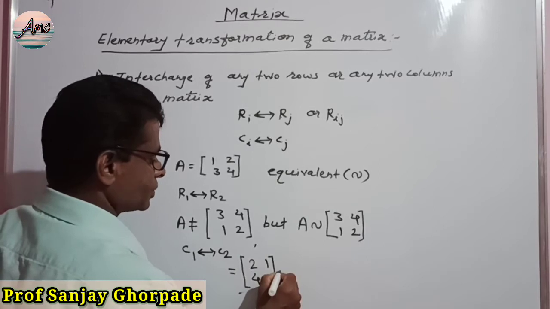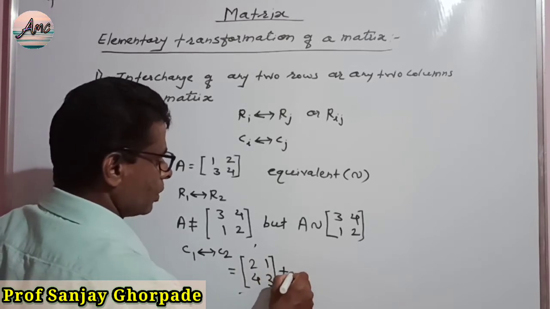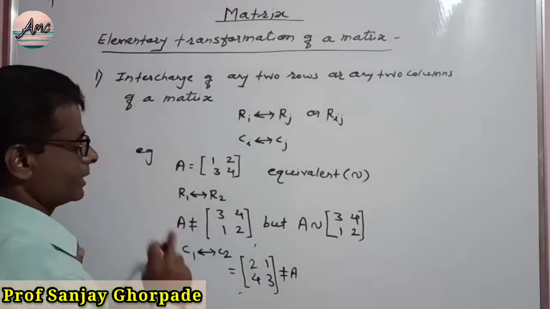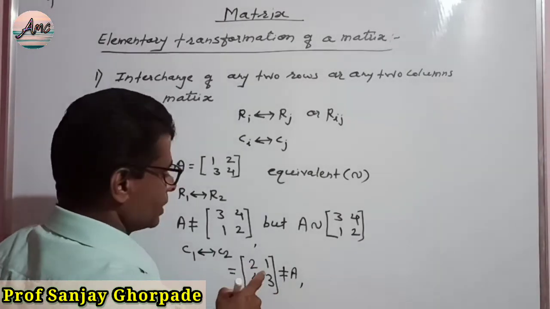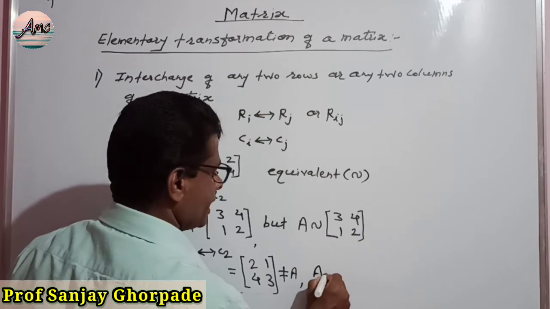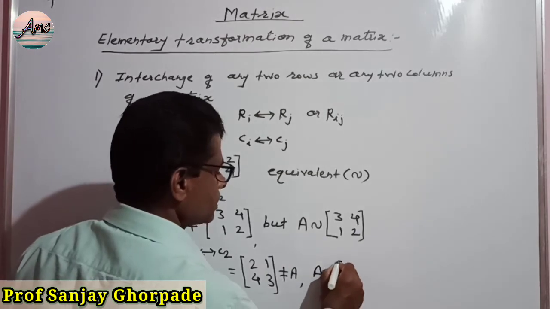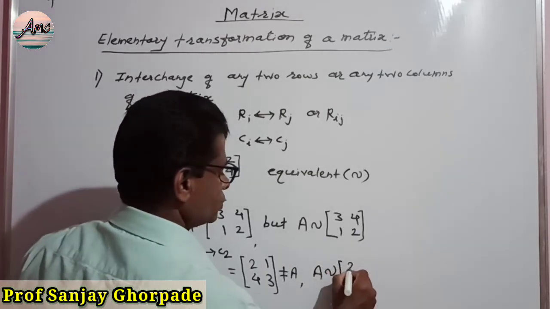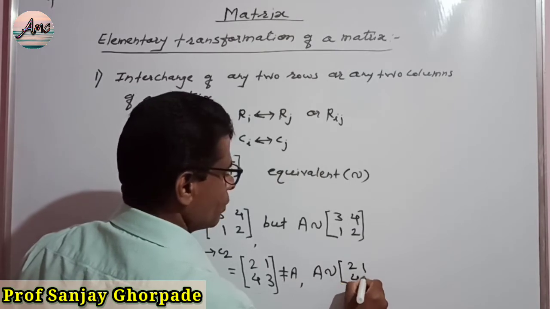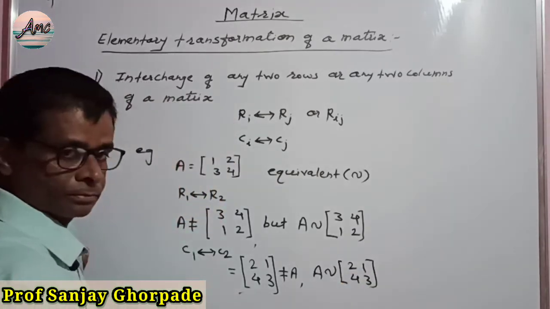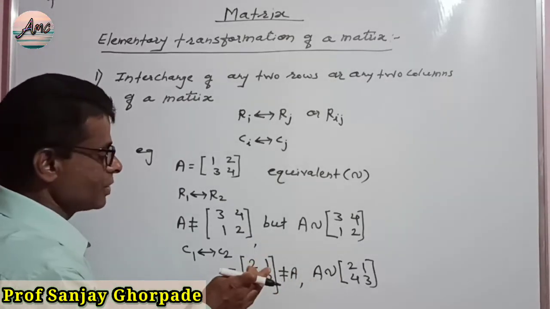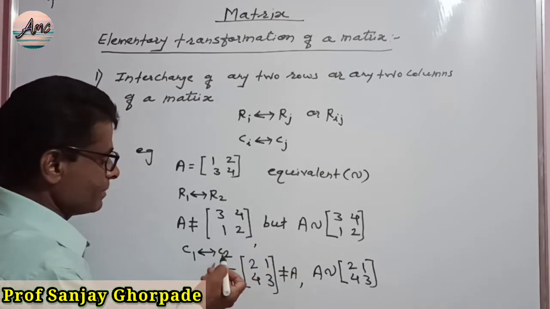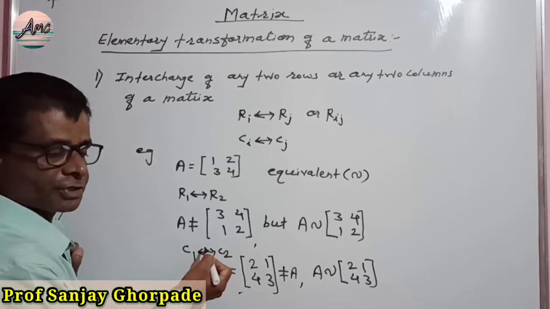Definitely this matrix is not equal to the given matrix A. But we can say that this matrix is equivalent to the given matrix. So 2, 1, 4, 3. Given matrix A is equivalent to the new matrix which we have written here by performing the column operation.